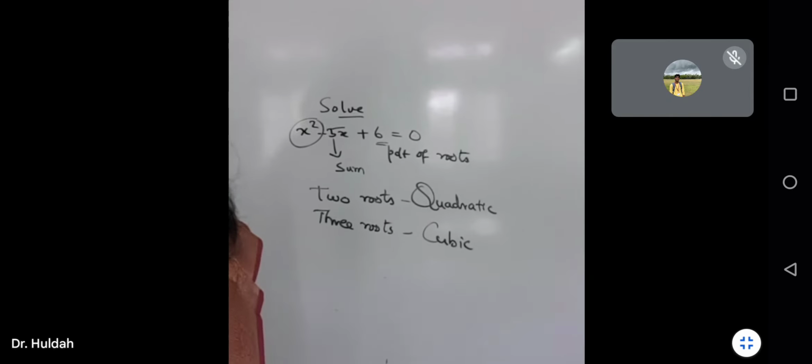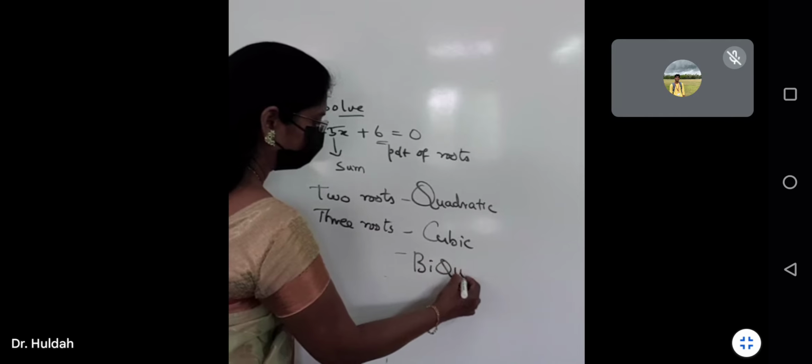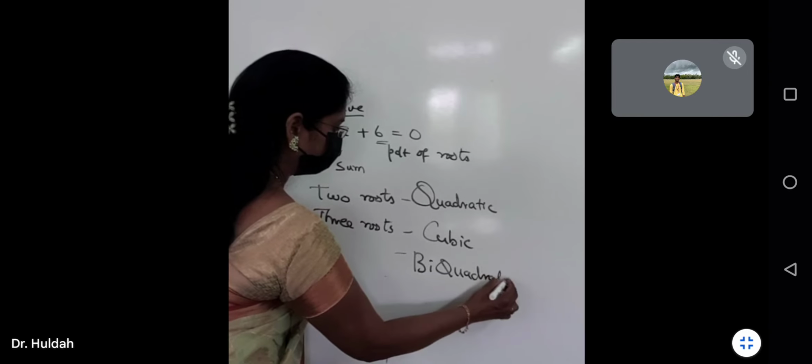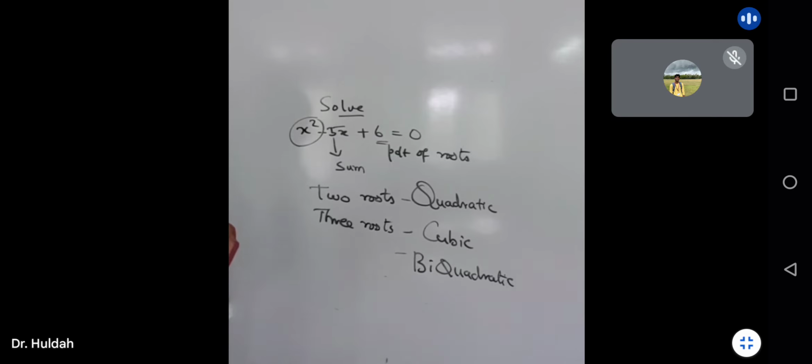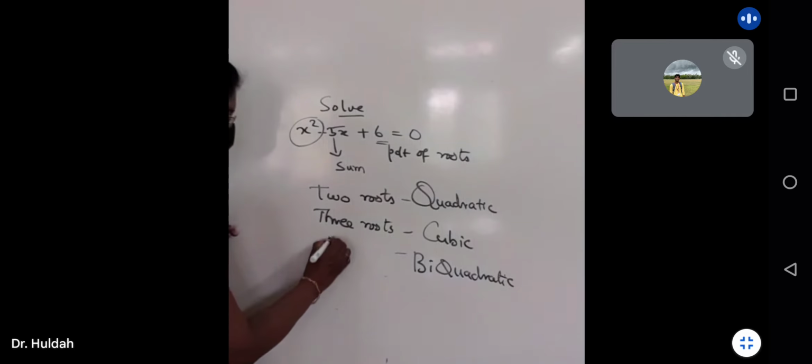Then a biquadratic means a 4th degree equation. How many roots will this have?